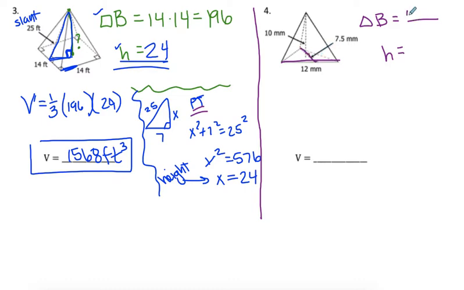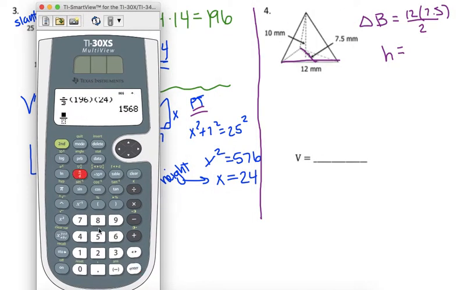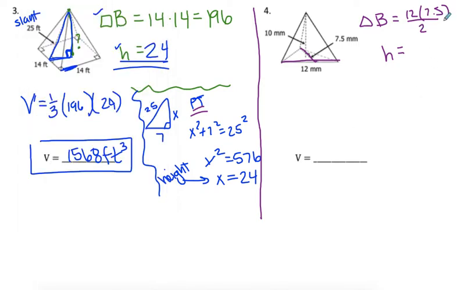They're telling me that's 12 and 7.5. And because it's a triangle, we divide by 2. All right, so I'm going to do base times height divided by 2. So I get an area of the base of 45.